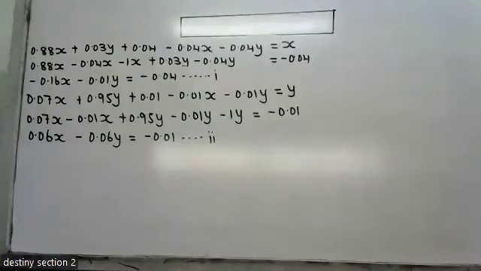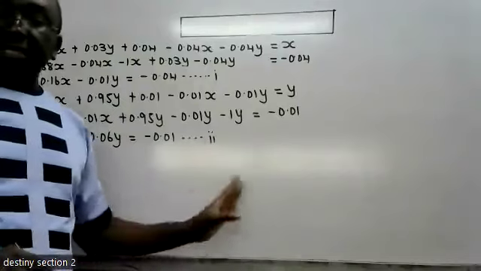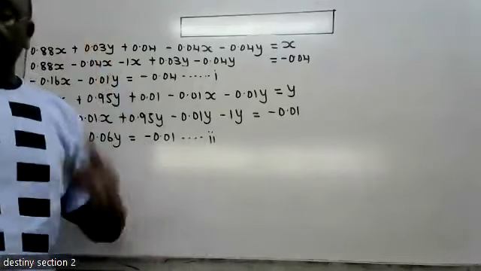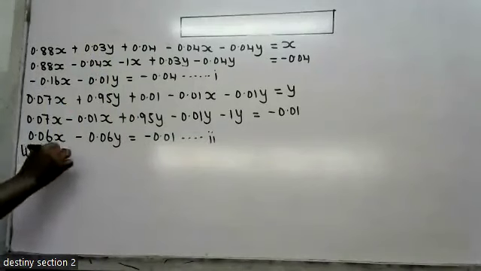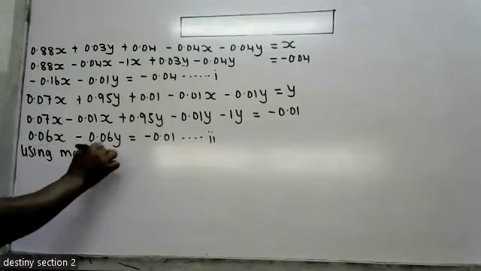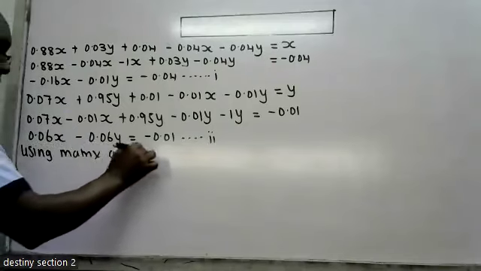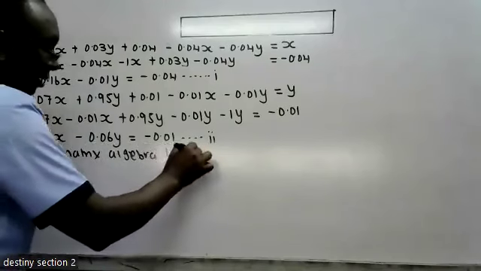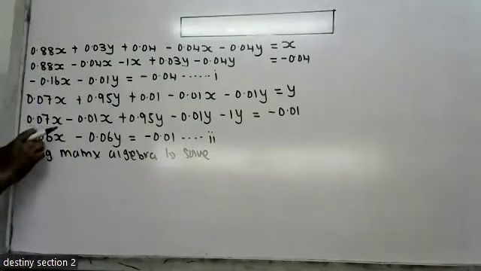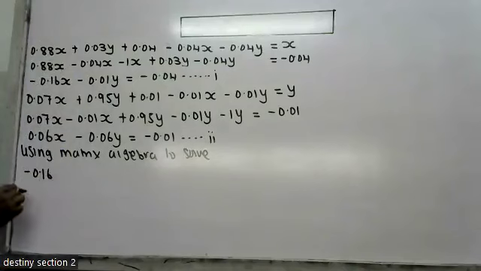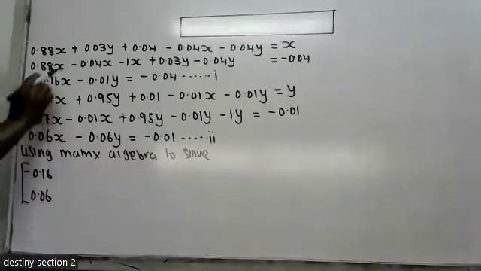So we have two equations. And because we are still under the topic of matrices, I want to solve this using the matrix method. So using matrix algebra to solve. You remember we said we create the equations. You take these coefficients. So I'm going to have minus 0.16, 0.06, these two, this and this.